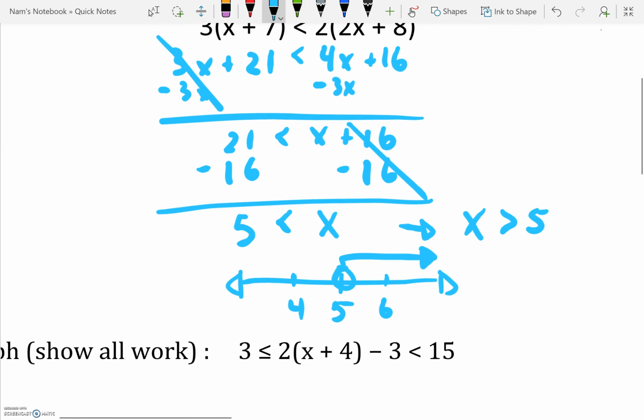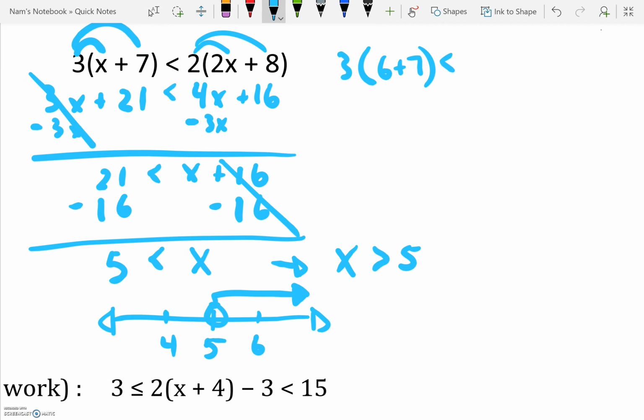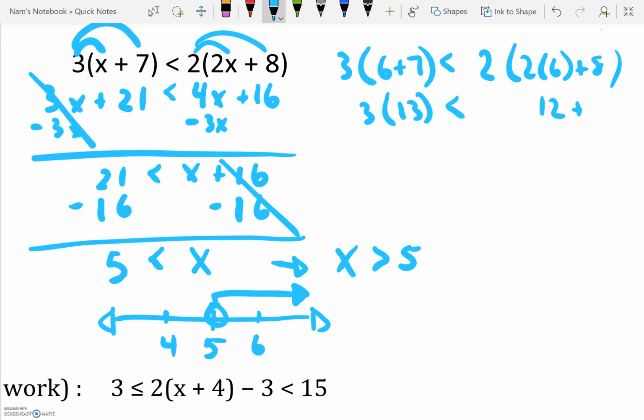And you can quickly check your work. So I'm going to just choose 6 because I noticed that 6 is underneath that arrow. So I can put in 6 for x, and I get 3 times 6 plus 7 is less than 2 times 2 times 6 plus 8. And here I have 3 times 13. 2 times 6 is 12 plus 8.